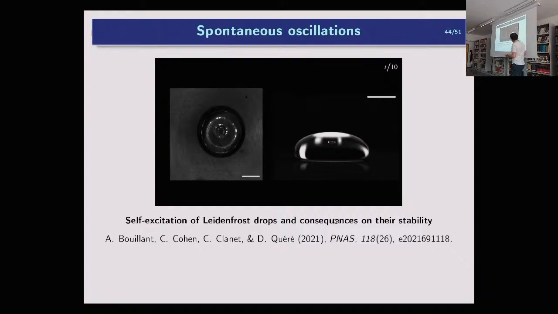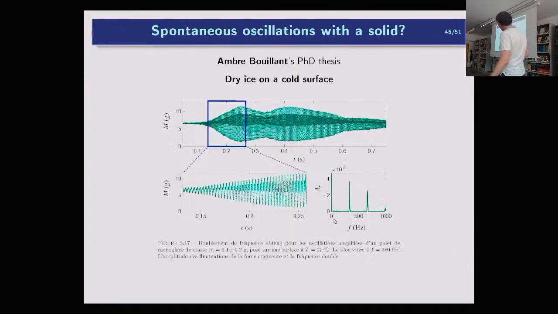They measured this, and they showed that there is a resonance between the lubrication layer and the emergence of capillary waves. But the puzzling issue, in my opinion, is that these oscillations appear with a solid. So you can do a much simpler experiment.